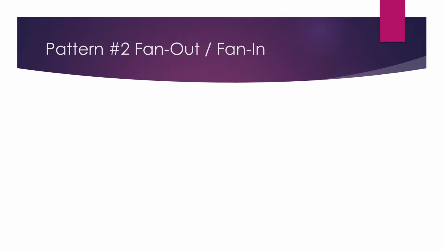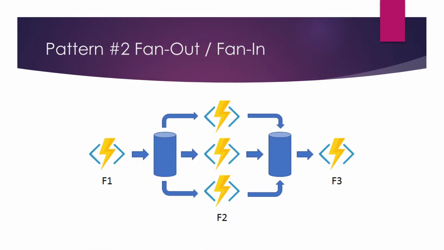Then fan out and fan in. Yeah, this is another interesting concept. So this is how it looks. In the fan out, fan in pattern, what you're trying to do is execute multiple functions in parallel, and then you are waiting for all the functions to finish. Often some aggregation work is done on the result, and then they are all returned from the function.